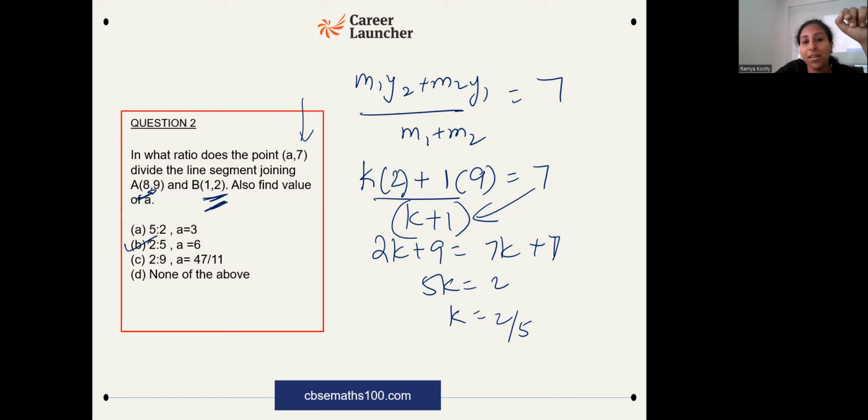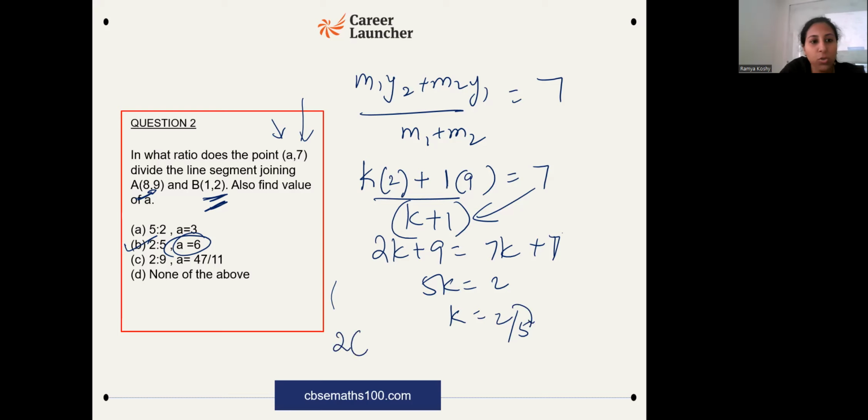How do you verify? When you are substituting for the x coordinate, A's value is given as 6, no? You must get A value as 6 then. So what I will do, K into x2. I will substitute x2 now. Okay, so when I'm finding the value of A, K, this value I already got as 2 is to 5.